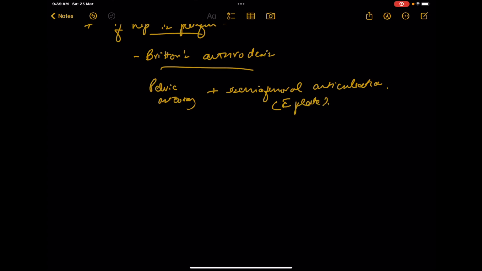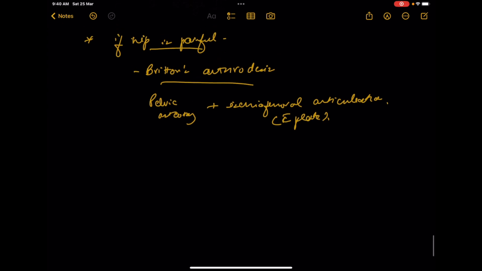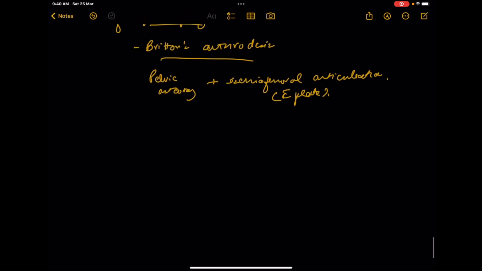Another way to deal with congenital dislocation of the hip, the pelvifemoral contracture, is either lengthen the contracture by a skeletal traction, gradually abducting till the hip is reduced.